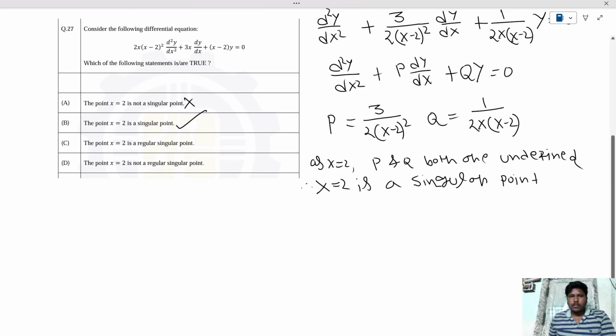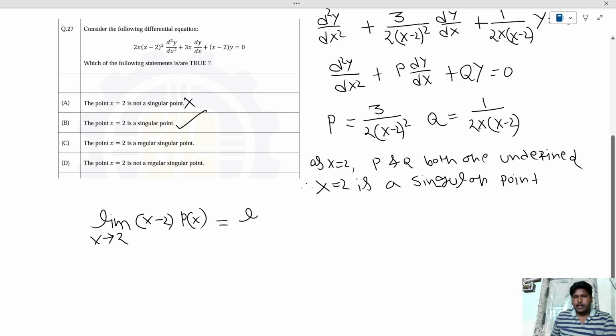Now, for regular singularity, we have the standard norm that limit x tends to 2 of (x minus 2) into p(x) should exist.